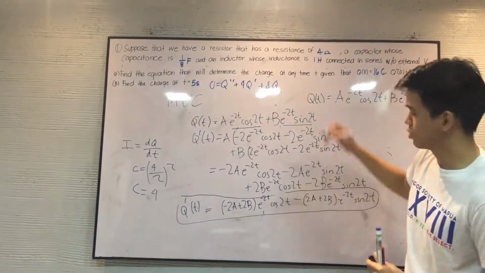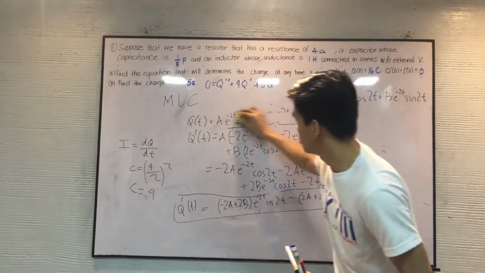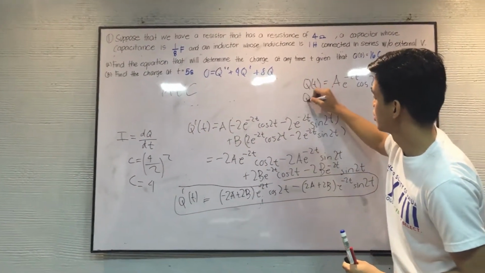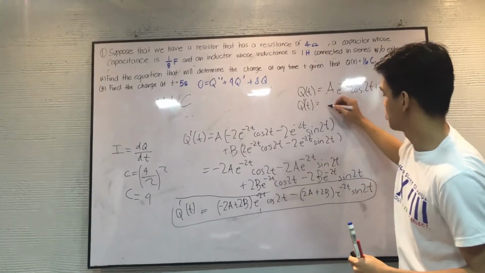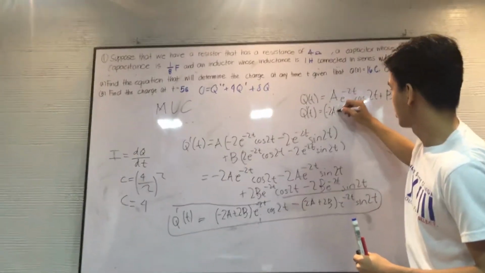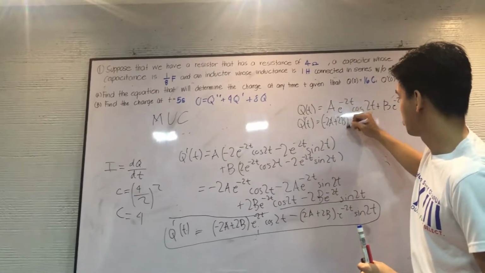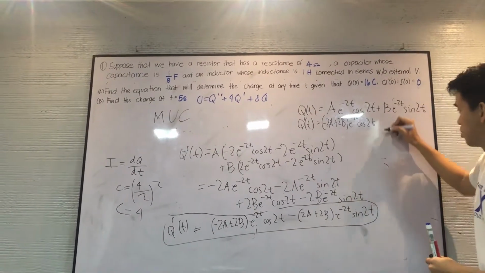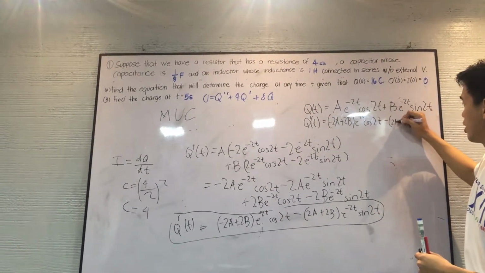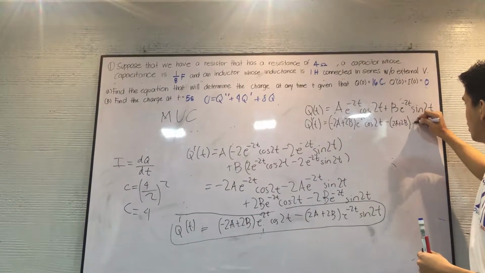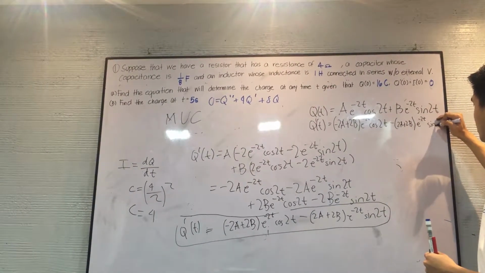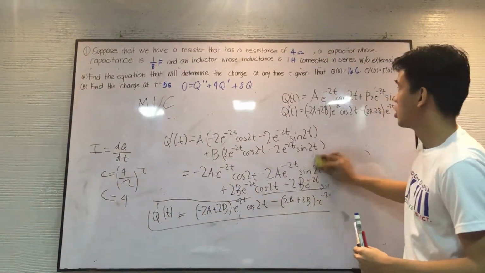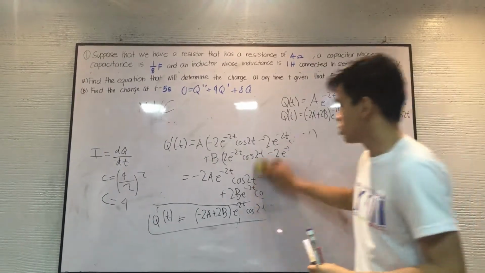Then its derivative is equal to negative 2a plus 2b e^(-2t) cosine 2t minus 2a plus 2b e^(-2t) sine 2t. Since we have two equations now, we can substitute them with their following initial values.